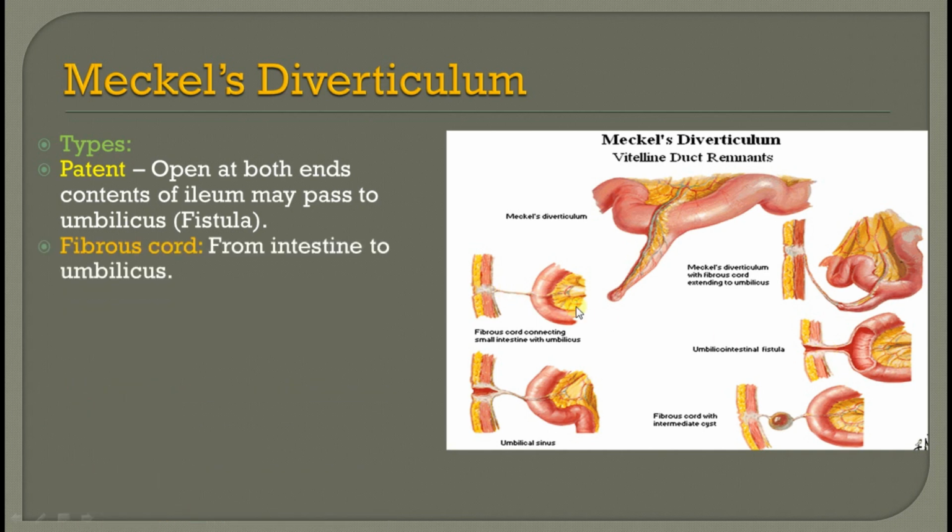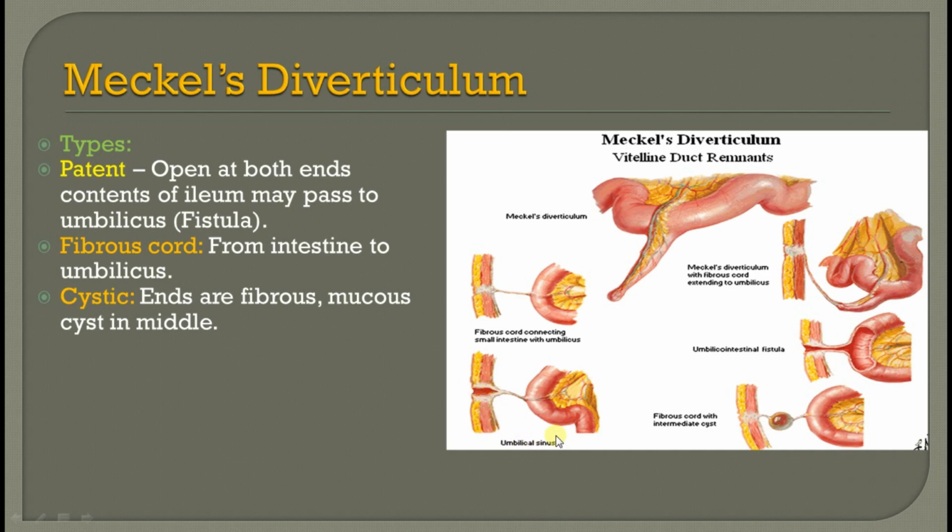The fibrous cord I already told you. Then sometimes it may be in an encysted form, which means both the ends are reduced to a fibrous cord, but in between alone it is patent. That is called the cystic type of the Meckel's diverticulum. Then the other type is where the distal end alone is open, one end alone is open near the umbilicus.